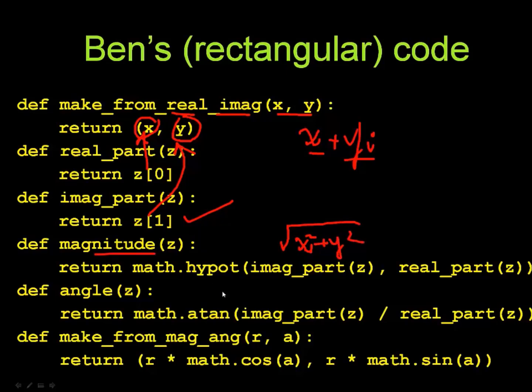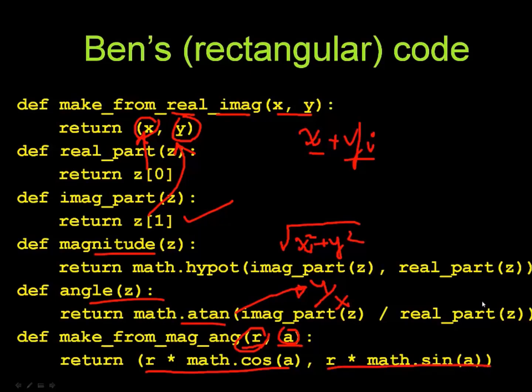And the angle is the arctangent of y over x. Now to get the same thing from r and a, the magnitude and the angle, your x is just r cos a, and your y is just r sine a.